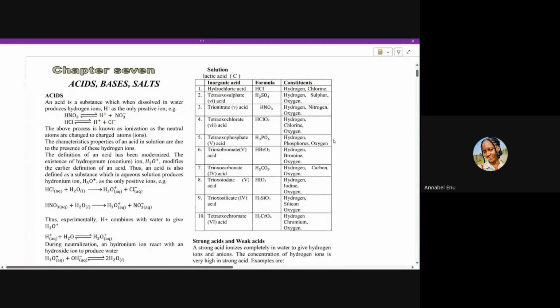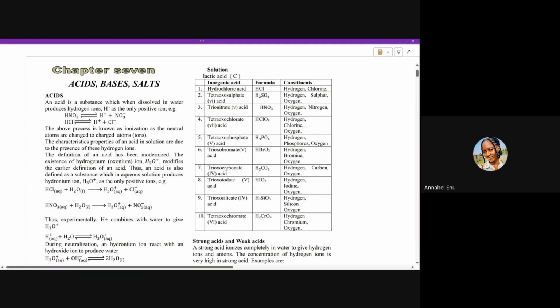Today we'll be talking about what an acid is, what a base is, some types of acid, examples of acids, strong and weak acids, types of salts, if we are able to get to that extent, and so on. And also how to identify an acid or a base in a question or in a structure.